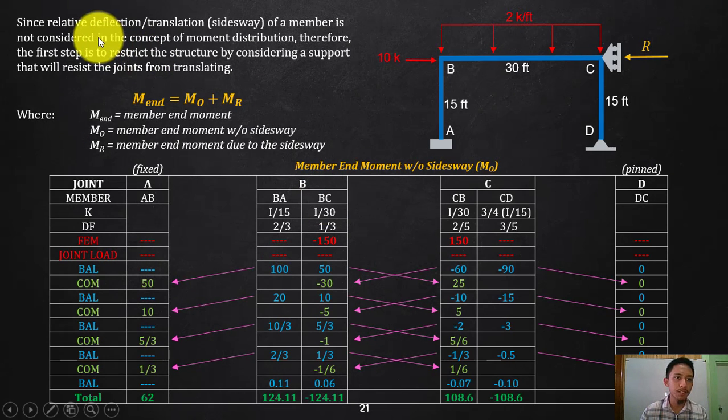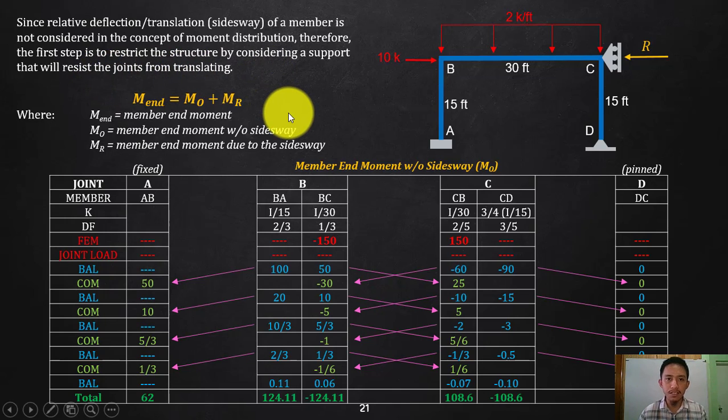Okay, so what will I be doing is, since relative deflection or translation, or that is again what we know as the Sidesway, of a member is not considered in the concept of moment distribution, therefore, the first step is to restrict the structure by considering a support that will resist the joint from translating.